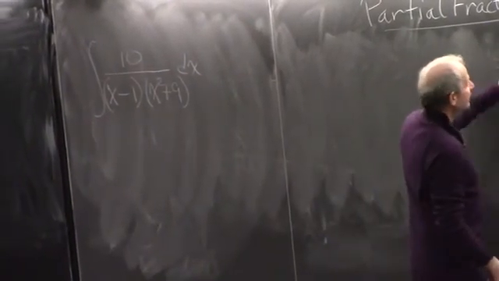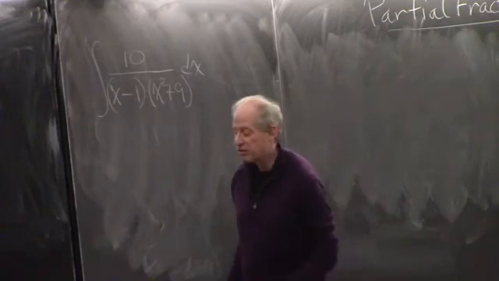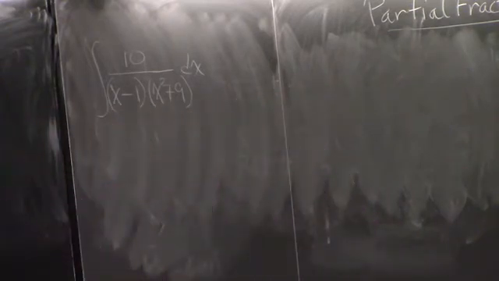The problem is, x squared plus 9 does not factor. It doesn't factor over the reals. It's x plus 3i, x minus 3i. There's no imaginary numbers in this course. No complex numbers. So what do we do?